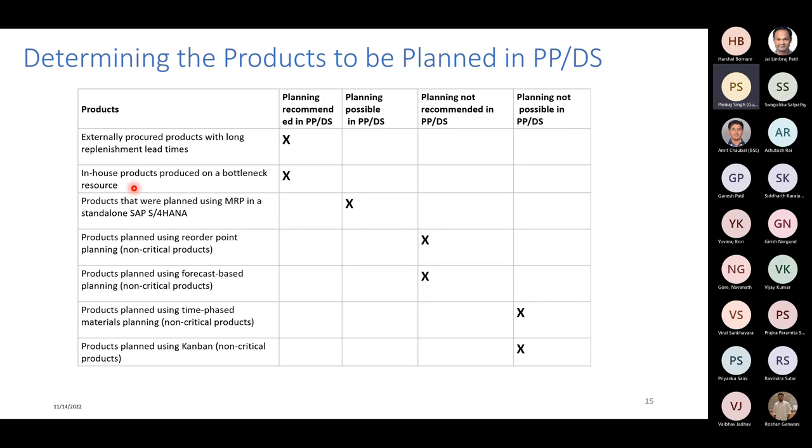I have more shaping machines and packaging machines on my shop floor, but I have enough capacity there, so there is no need to do detailed scheduling and detailed planning of those. Hence those FGs, which only consume the capacity of packaging and shaping machines, I will not take over to PPDS. So bottleneck resources are the driving criteria in selecting the materials that need to be planned in PPDS.